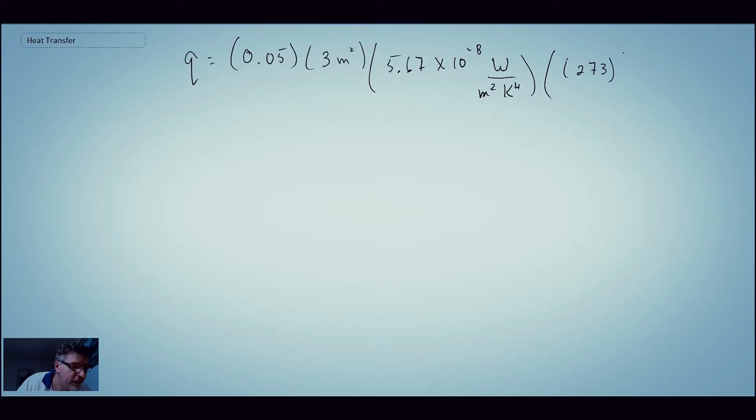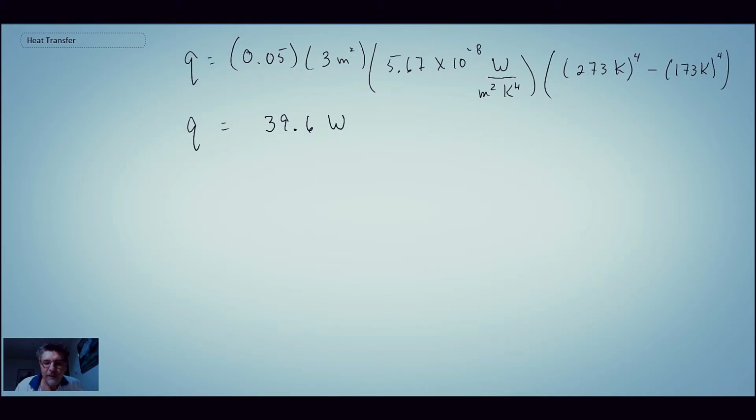So the first one is the surface temperature of her suit, in Kelvin, raised to the power 4. And then the surrounding temperature we're told is minus 100 degrees Celsius, so that is 173 Kelvin, also raised to the power 4. Plugging in the values, we find that the heat loss from her suit is 39.6 watts.